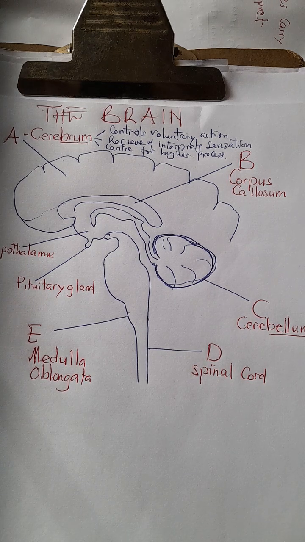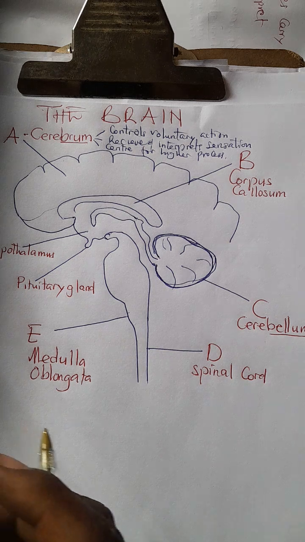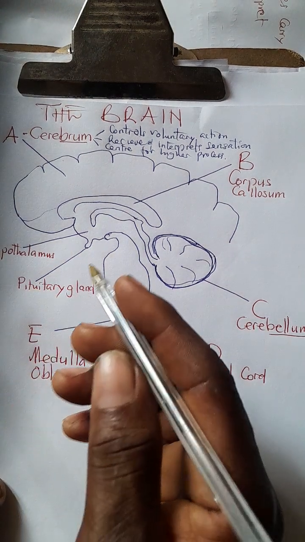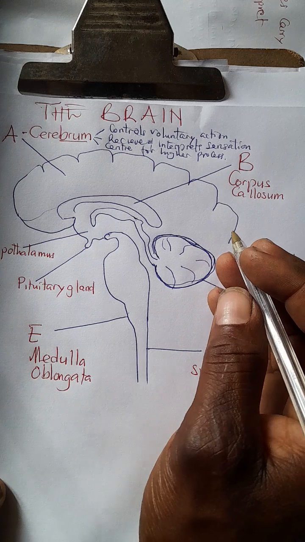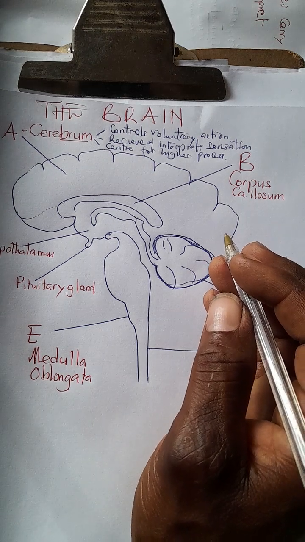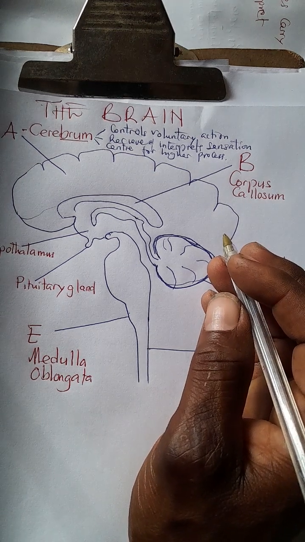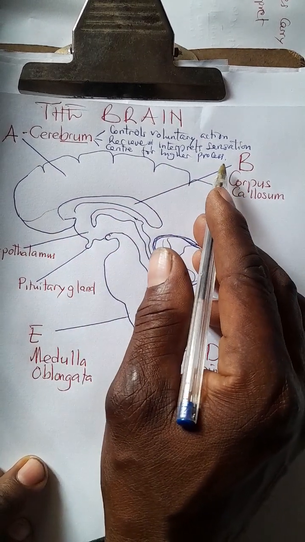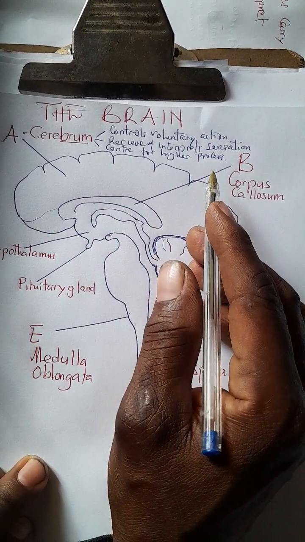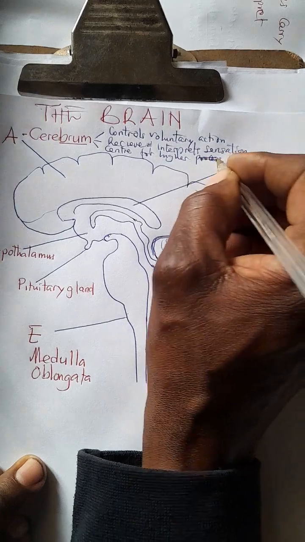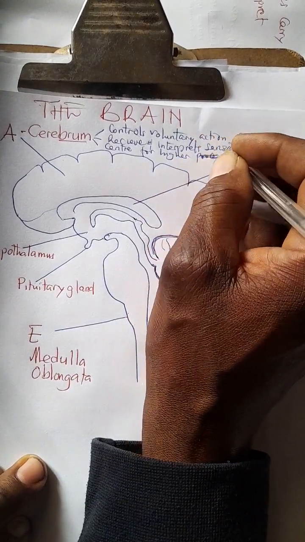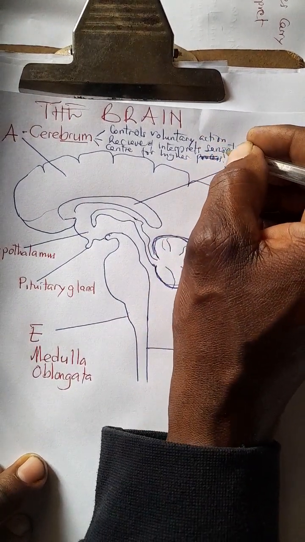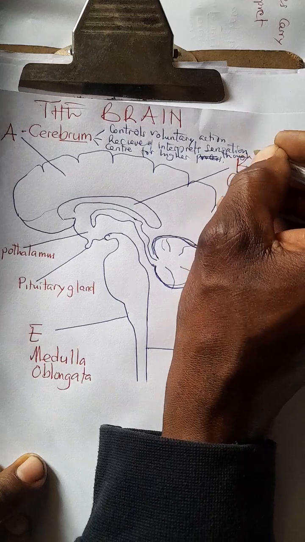Why? Because your brain center, which is the cerebrum, enables you to process that information faster, because it is the center for higher thought process.